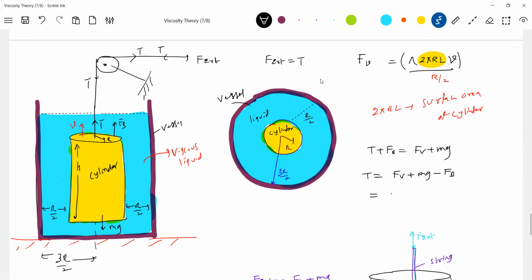Viscous drag we know, 2 pi eta RL V by R, this R will get cancelled out. There's the viscous drag, then the weight of the cylinder, this is mg, there's no problem. Now what is the buoyant force? Density of the liquid rho L.